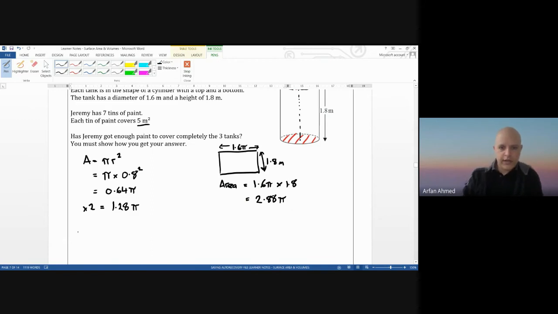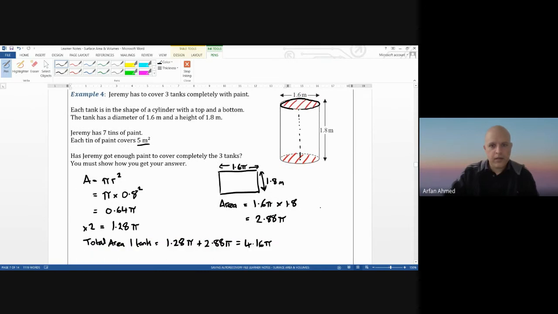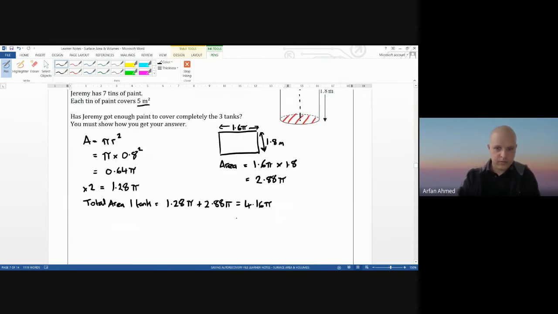So the total area for one tank is 1.28 pi plus 2.88 pi, which gives us 4.16 pi. Okay. We need that as a decimal. So we can change it now. 4.16 pi.